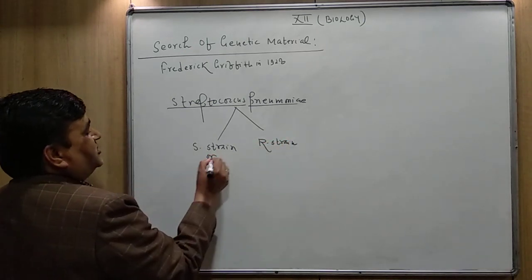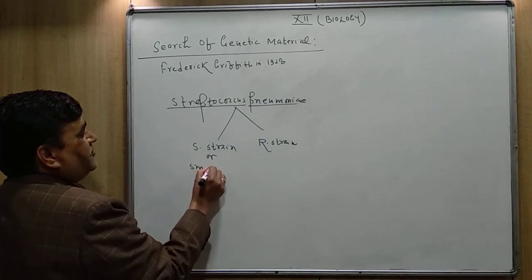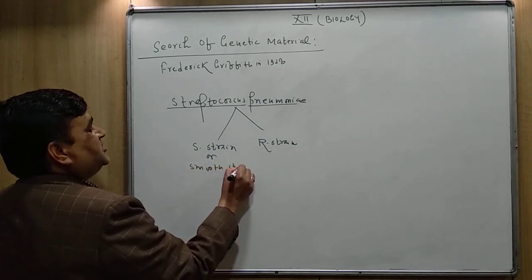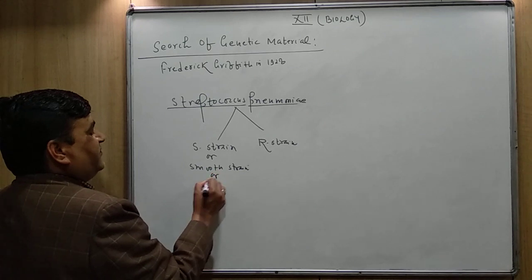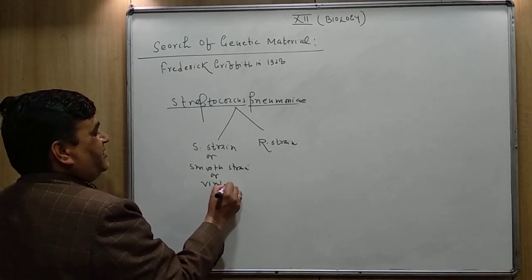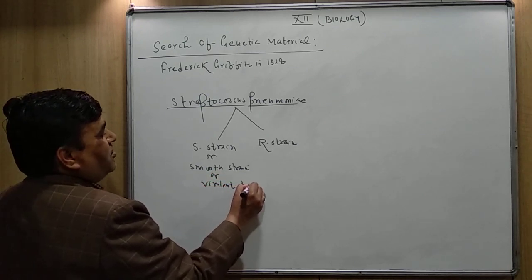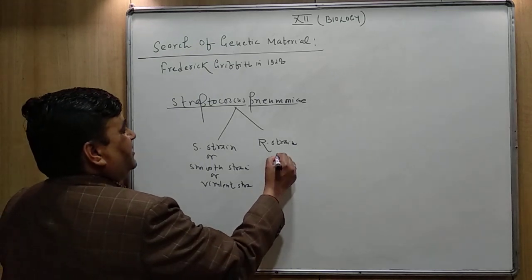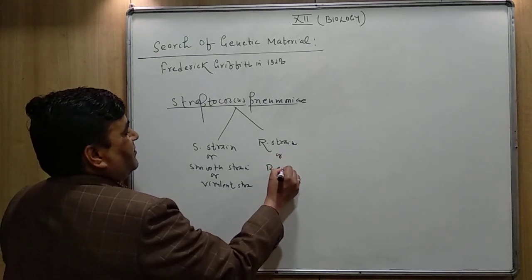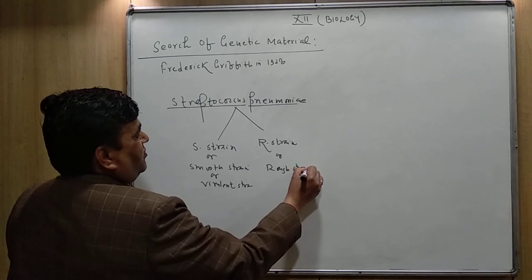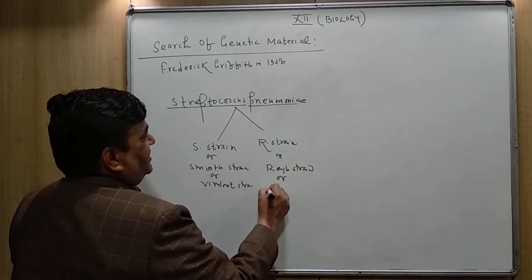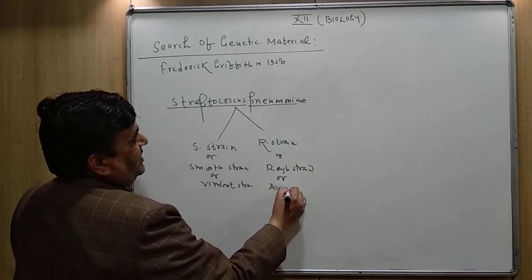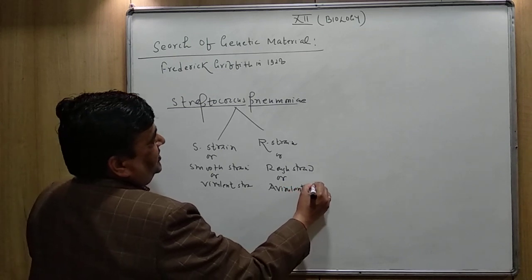The S strain is also known as the smooth strain, or you can say the virulent strain, while the R strain is known as the rough strain, or you can write here avirulent strain.